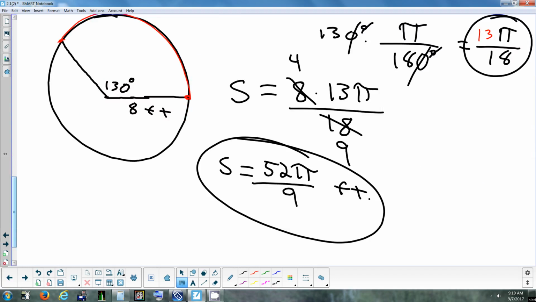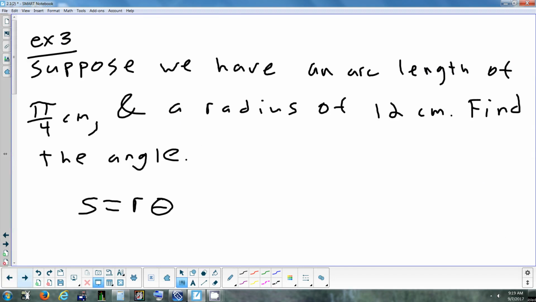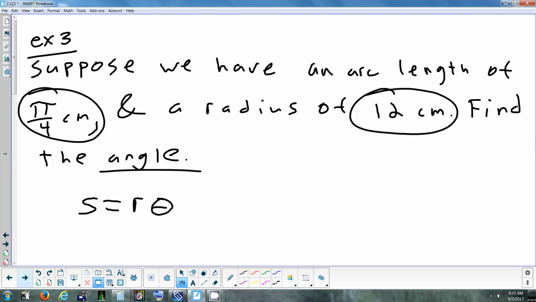Let's try one that uses the same formula, but this time you're finding something different. Now you're going to find the angle. All right, so Irene, I see we got 2 numbers there. We got the pi over 4 and the 12. Can you tell me what the pi over 4, what letter it gets plugged in for?